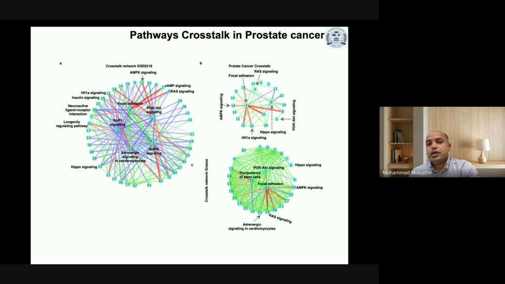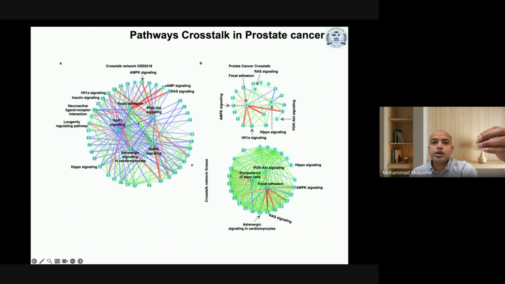This is the data which was published in the paper as a benchmarking outcome for prostate cancer. You could see some of the pathways which have very strong crosstalks between them have been highlighted.